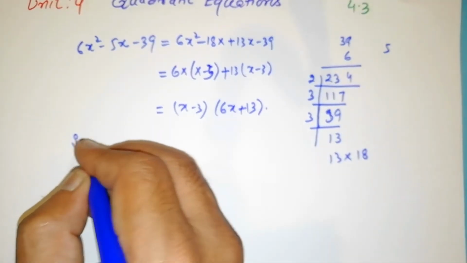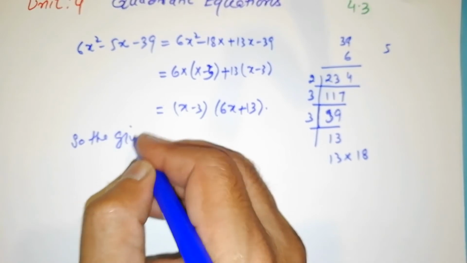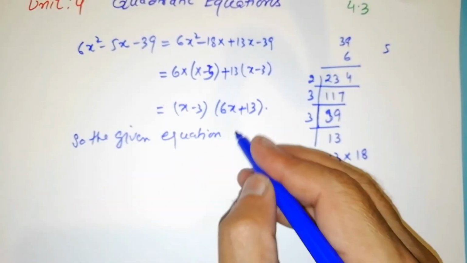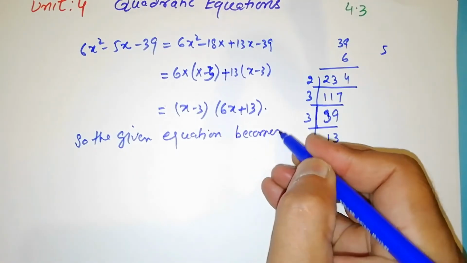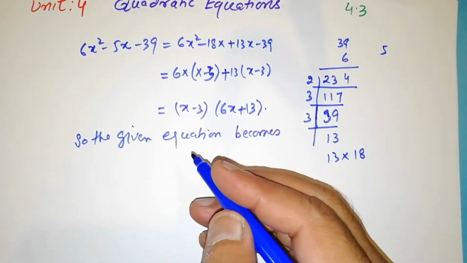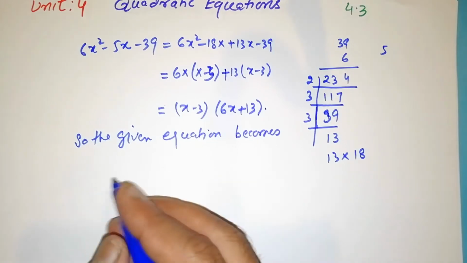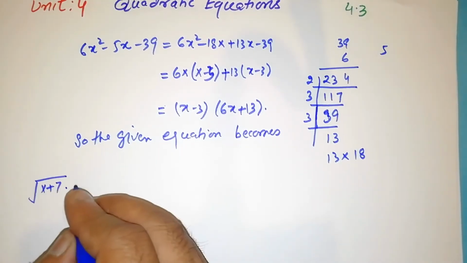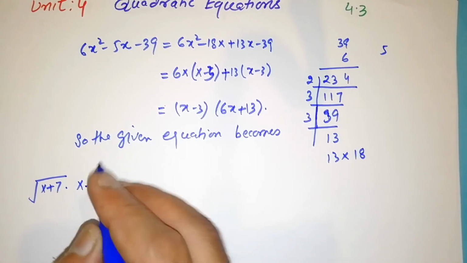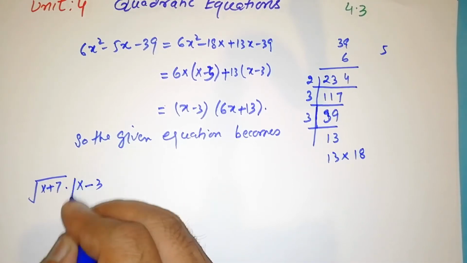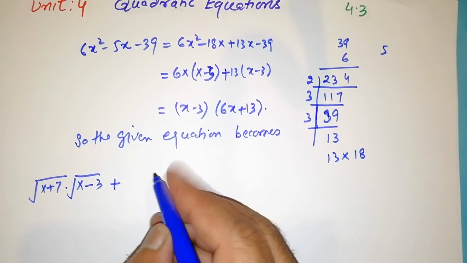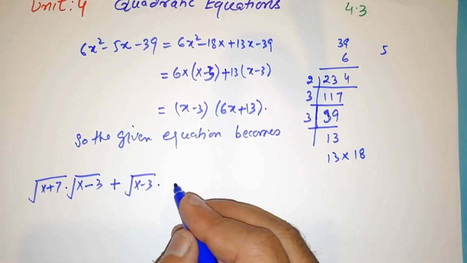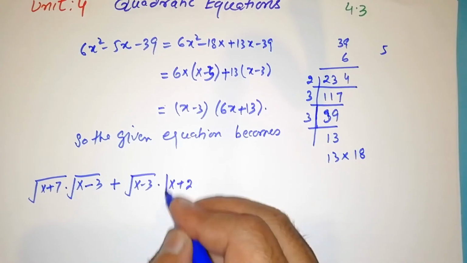So the given equation becomes, जो हमारे पास इक्वेशन गिवन थी, that is x plus 7 and x minus 3 square root plus second आ जाएगा हमारे पास x minus 3 and x plus 2.